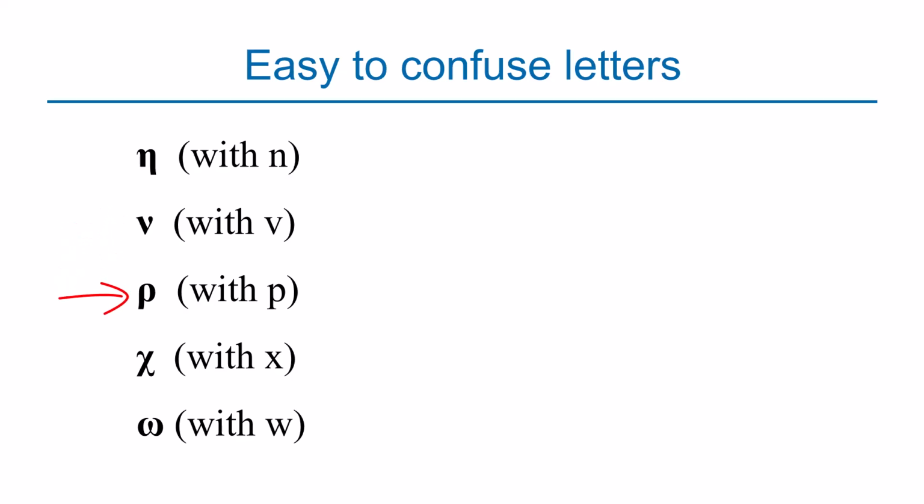Then you have rho, which looks like a P in the English, but in the Greek, it's R. You also have chi, which looks like X in the English, but in the Greek, it has that CH sound. And then you have the last one, omega, which looks like a W in the English, but in the Greek, it has the O sound. As you are learning the Greek alphabet, take note of those that can be easily confused with English letters and practice how to pronounce them and how to write them.